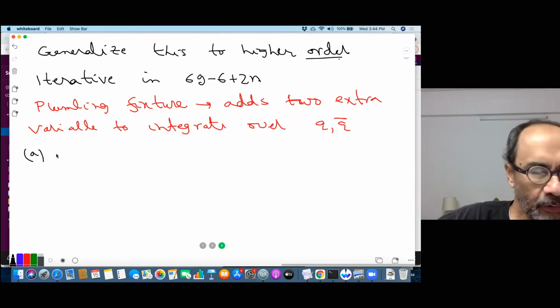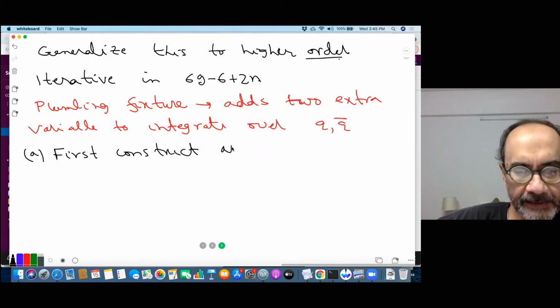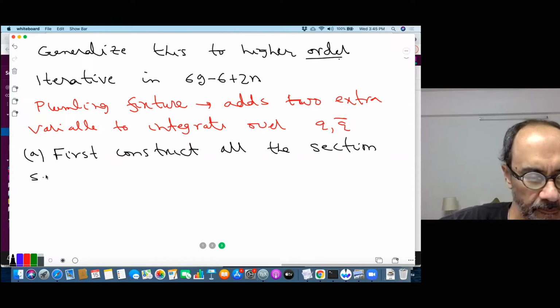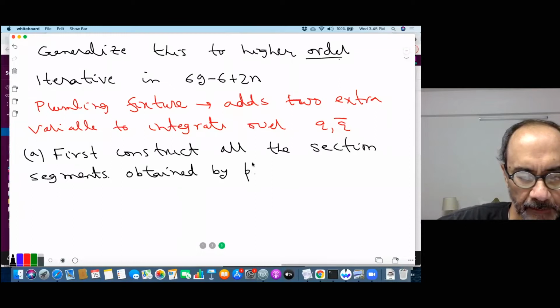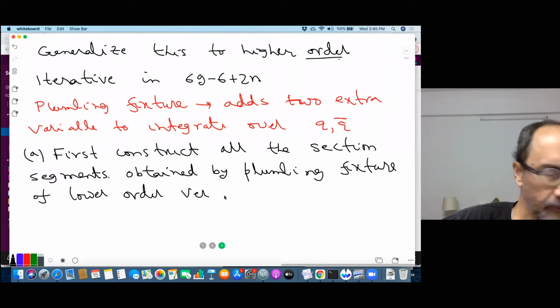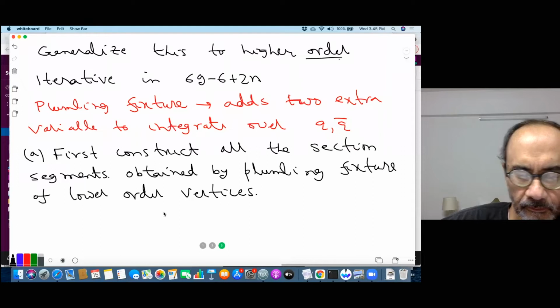And then we first construct all the section segments obtained by plumbing fixture of lower order vertices.